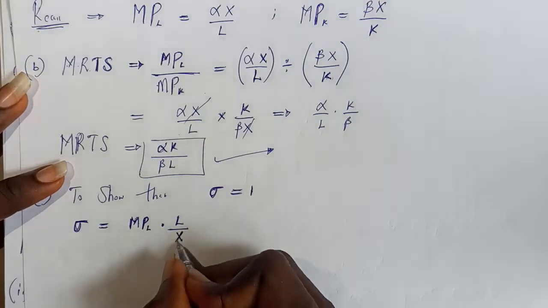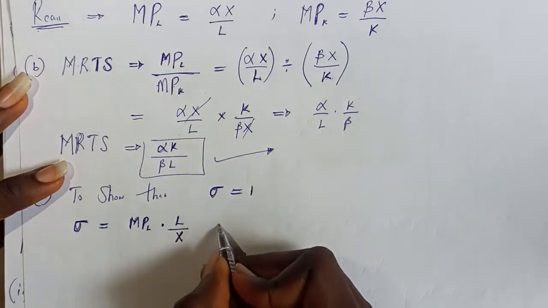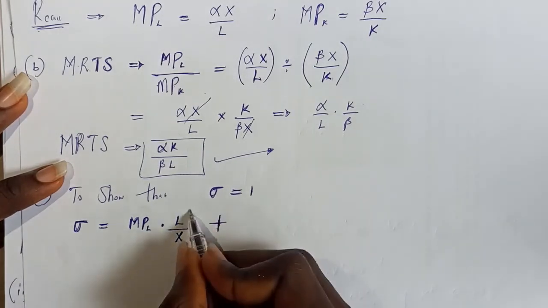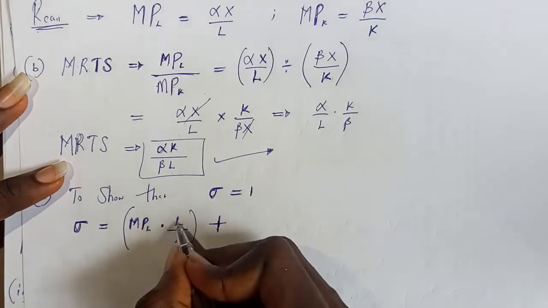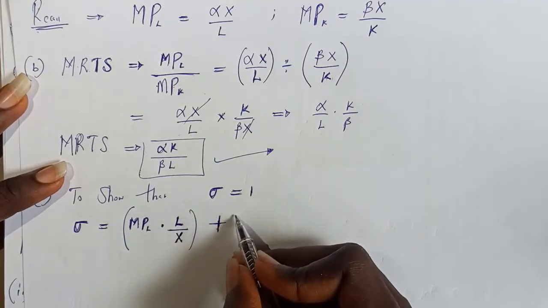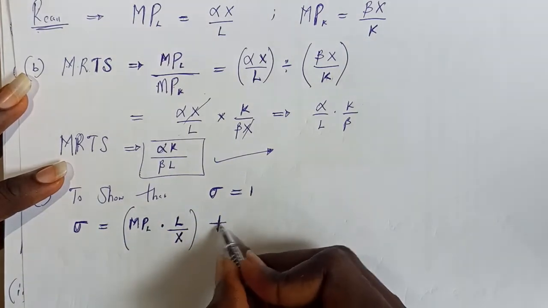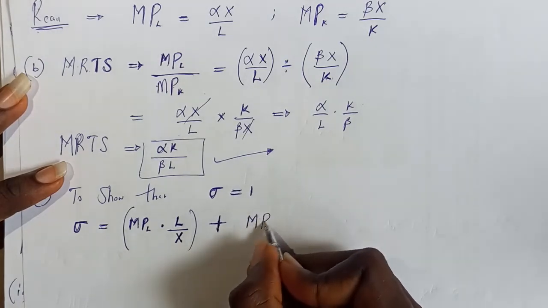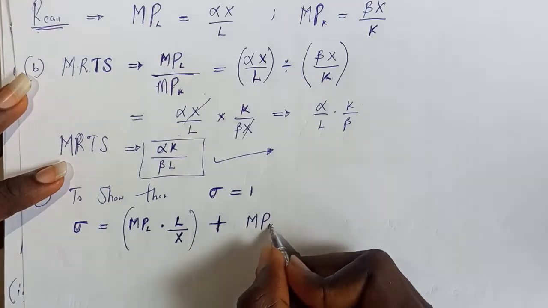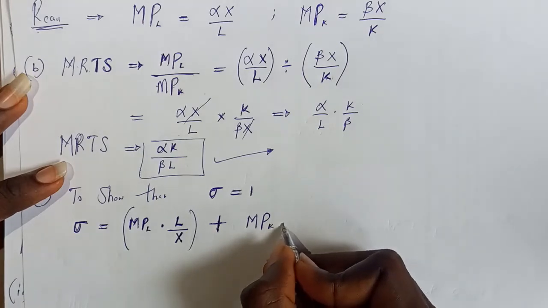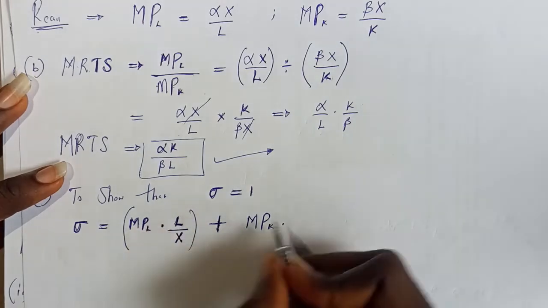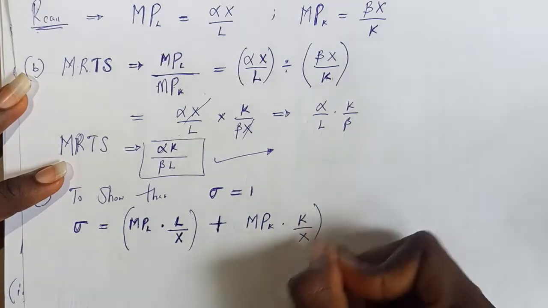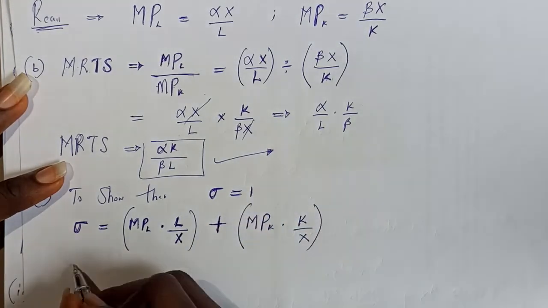So that is what we have. And then similarly, after you get this expression, you have to add it with the marginal product of capital multiplied by, when you have labor here, capital over x here. So that's how to show that sigma is equal to 1.